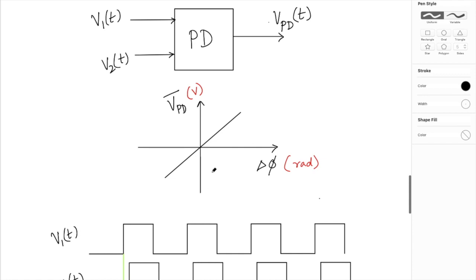Now, to define the characteristics of this phase detector, an important concept is the slope of this line.